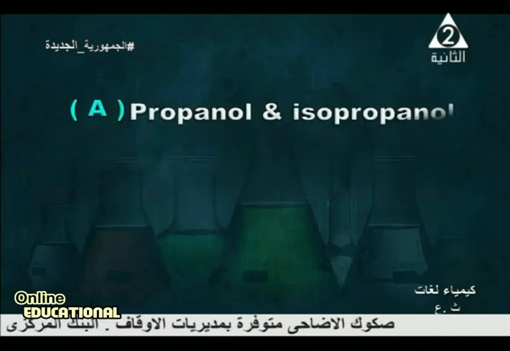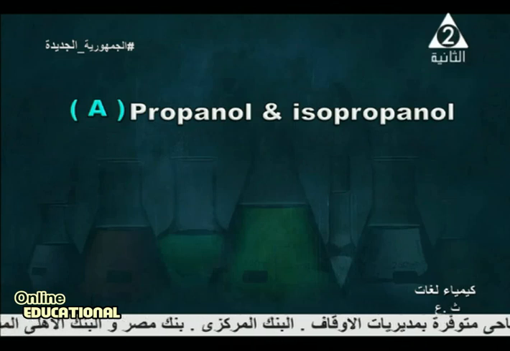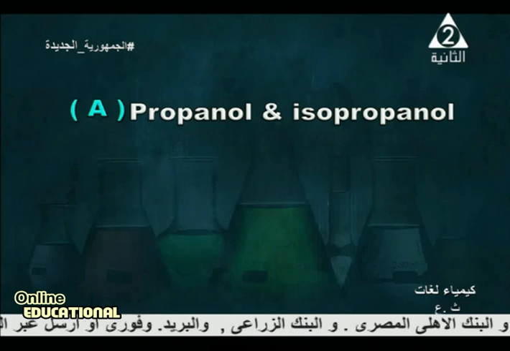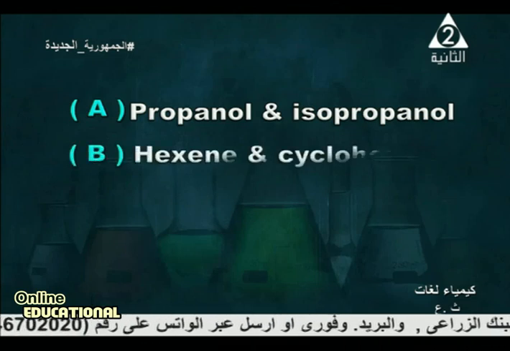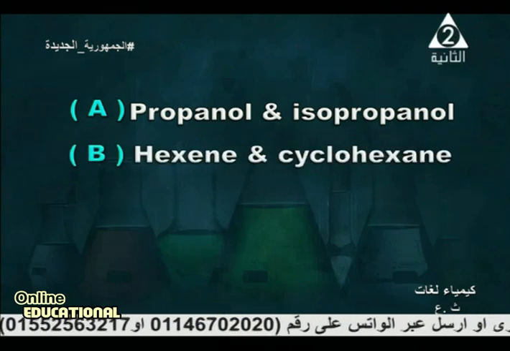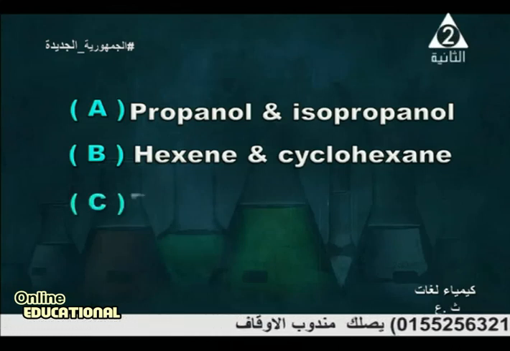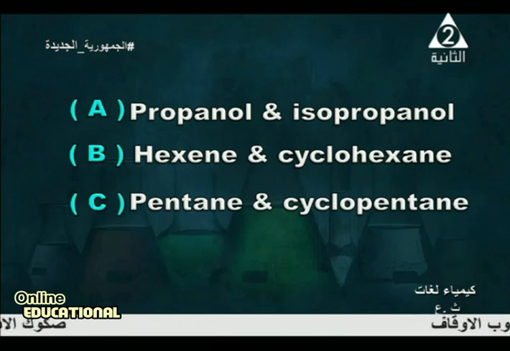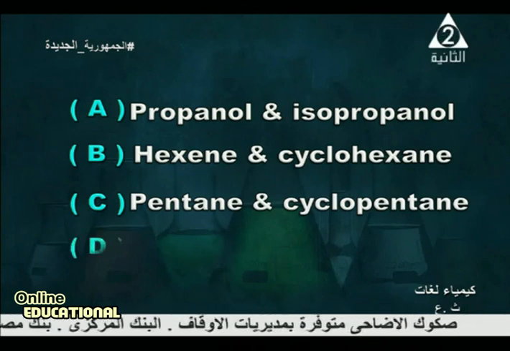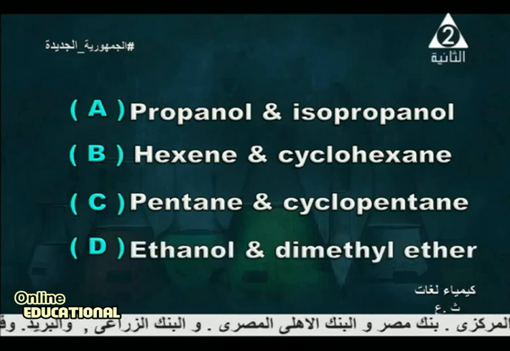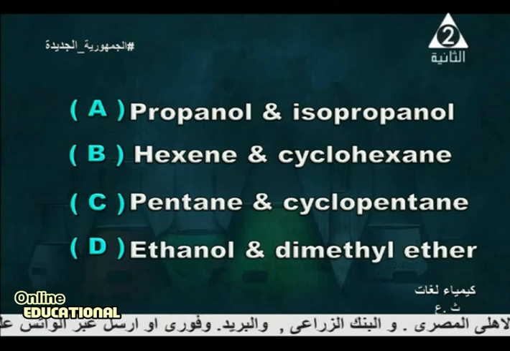He gives me propanol and isopropanol. Number B, we have hexene and cyclohexane. Number C, you have pentane and cyclopentane. Number D, you have ethanol and dimethyl ether.